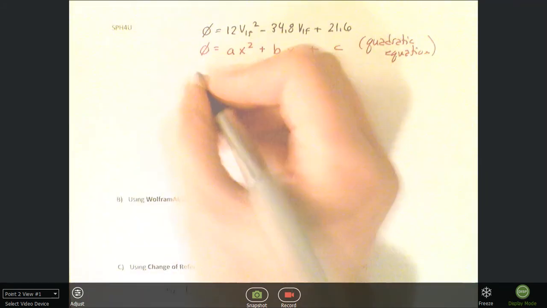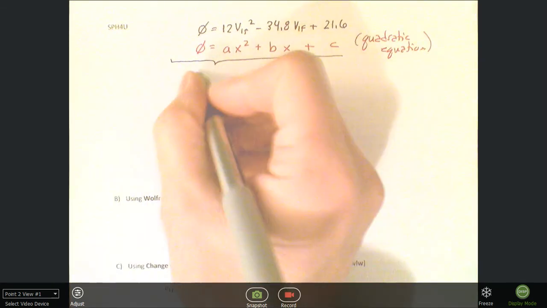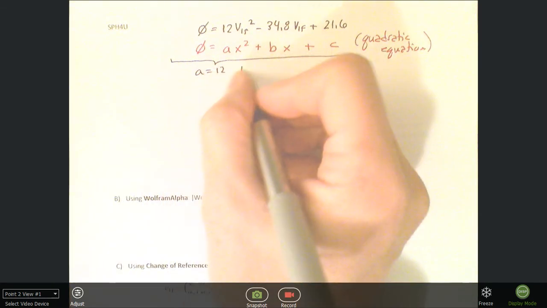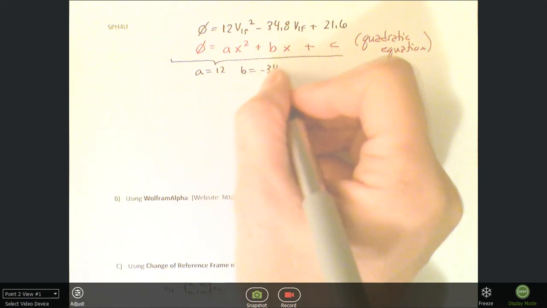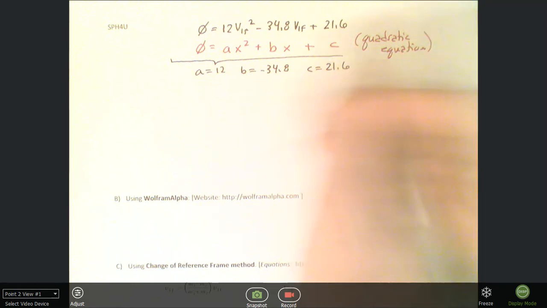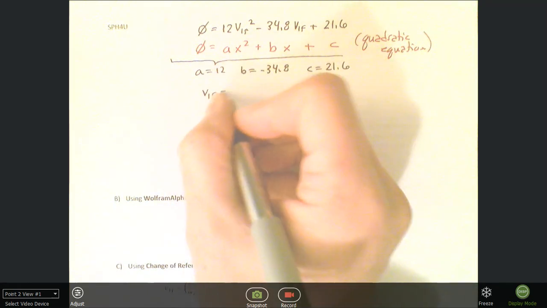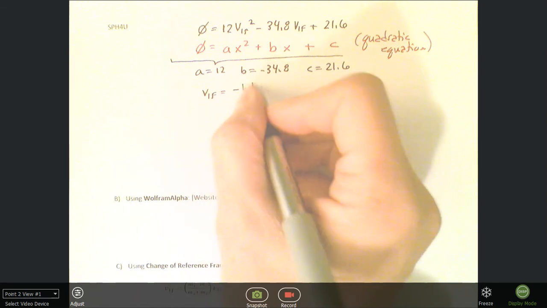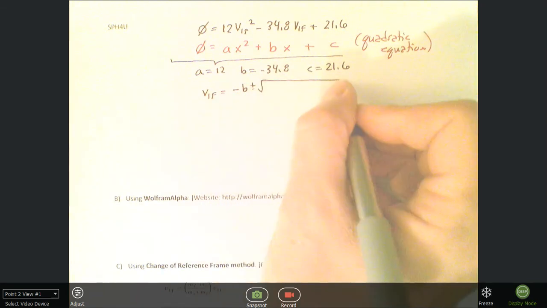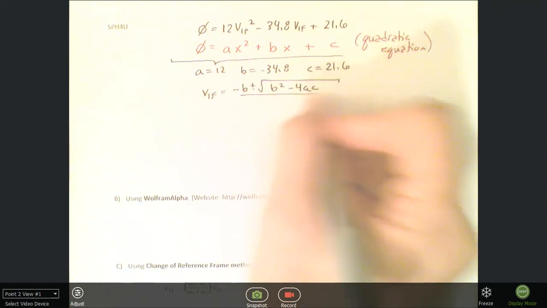So in this case, we know what a is. A is equal to 12, b is equal to negative 34.8, and c is equal to 21.6. So v1f, or the x term that we're solving for, is minus b plus or minus the root of b squared minus 4ac all over 2a.